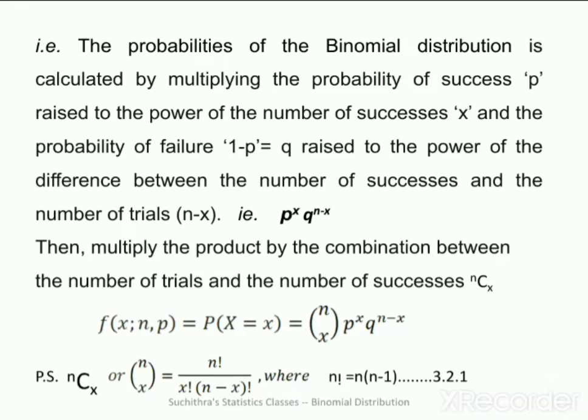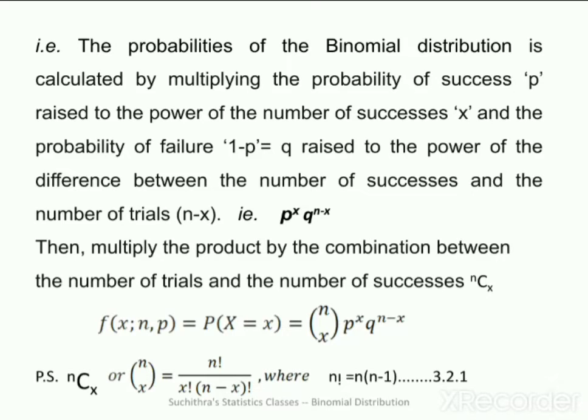That is, the probabilities of the binomial distribution is calculated by multiplying the probability of success P raised to the power of number of successes x and the probability of failures 1 minus P, that is Q, raised to the power of the difference between the number of trials and the number of successes, say n minus x, that is P raised to x, Q raised to n minus x.